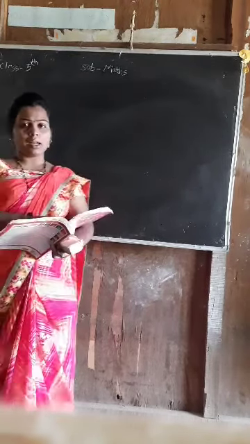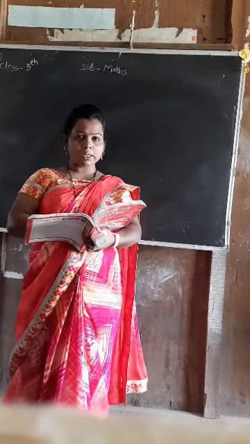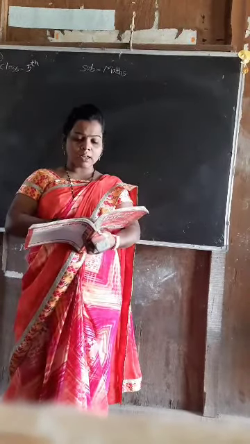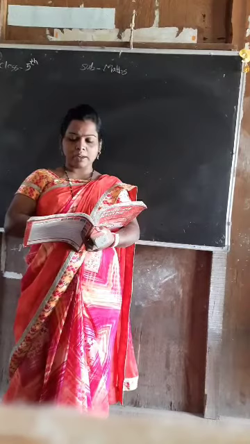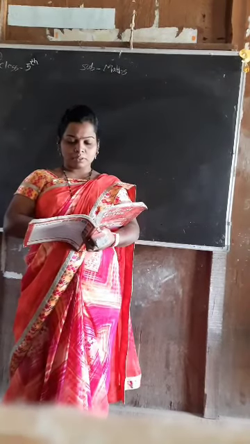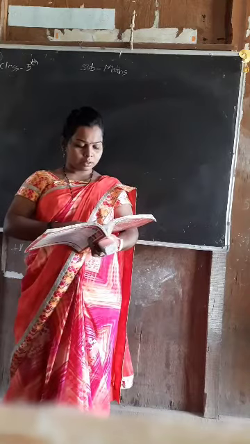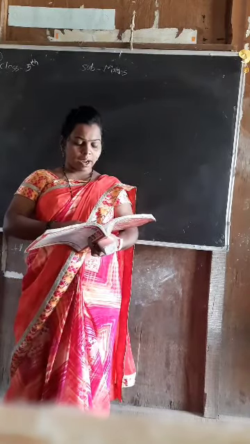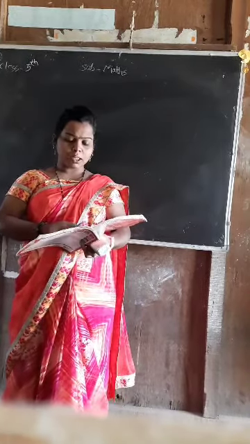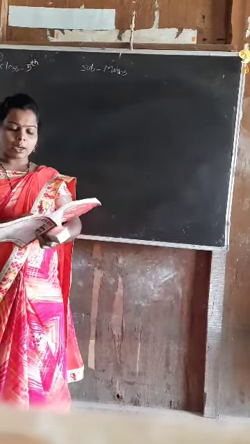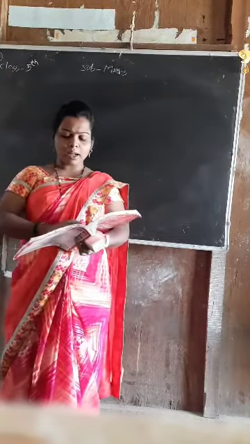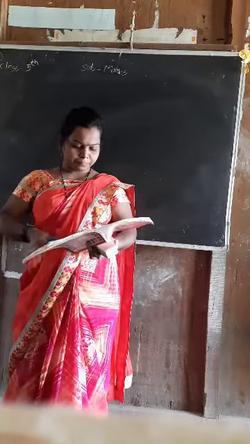Based on sides, three types are given: equilateral triangle, isosceles triangle, scalene triangle. And the next point is based on angles: acute triangle, right triangle, obtuse triangle.